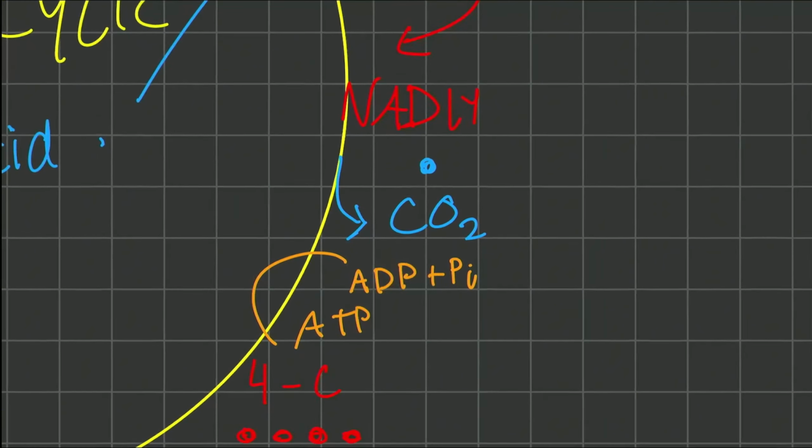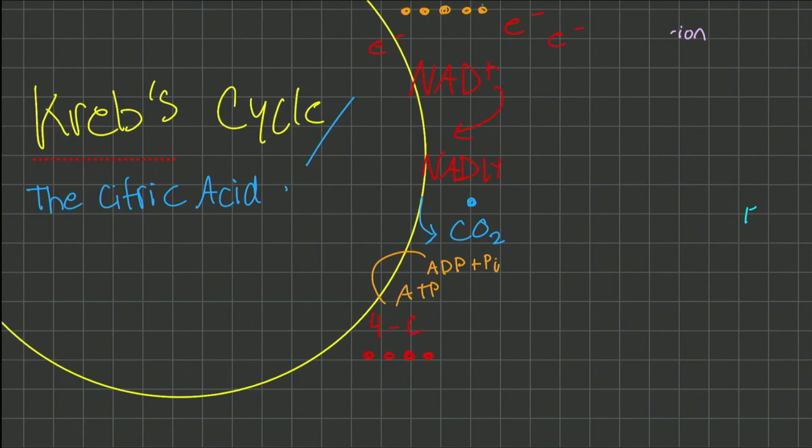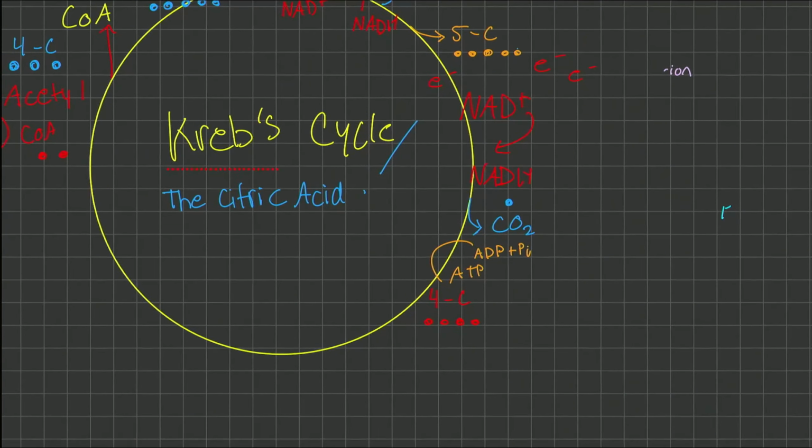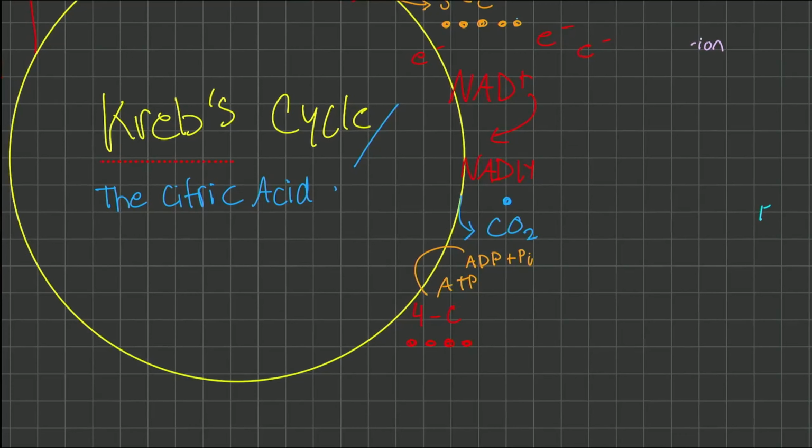And each turn of the Krebs cycle is only going to produce 1 ATP per cycle. It's small, but it's still important. And when we're doing our ATP net calculations in the end, this is important because our Krebs cycle doesn't actually produce that much energy. Where most of our energy is actually coming from is the electron transport chain.